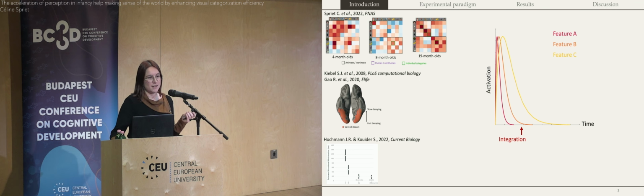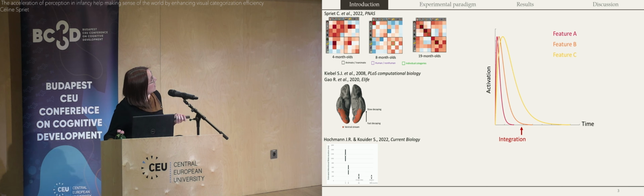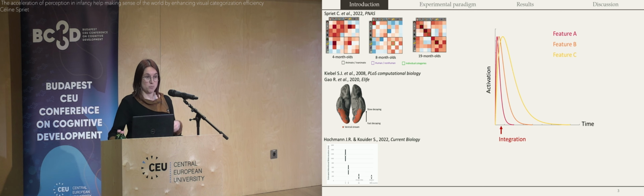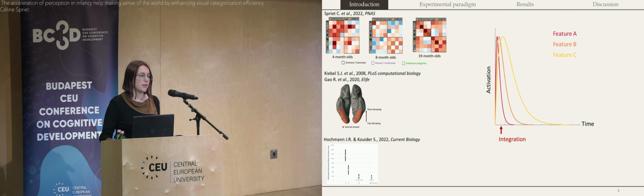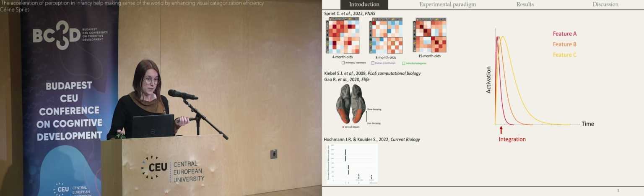Imagine now that it experiences an acceleration of the integration. Now it will have access to more and more features. And so maybe to a better representation of the objects. And so we thought that this model could actually account for our behavioral results.